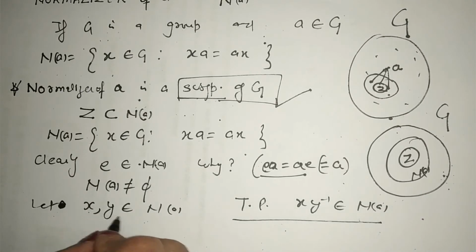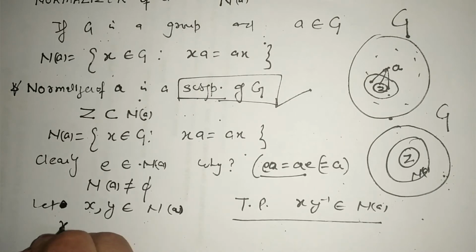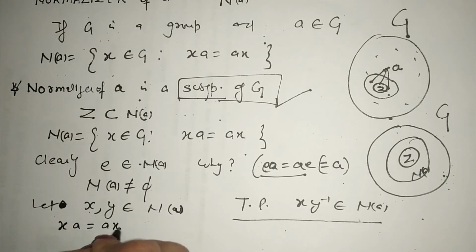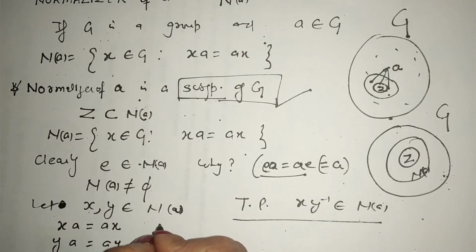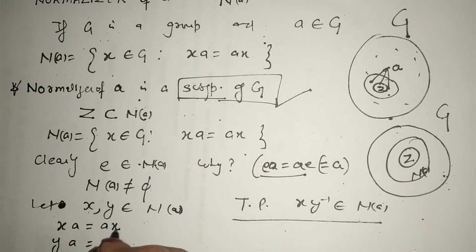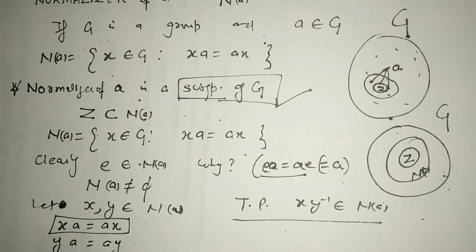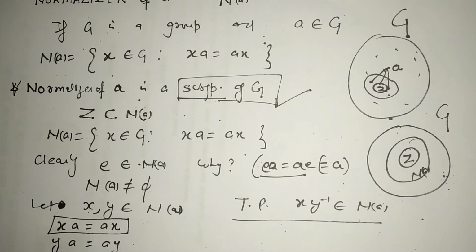So now X and Y are in the normalizer of A. It means X commutes with A and Y commutes with A, because both are the elements of normalizer. They are commuting with A. So we will keep this result as it is. Here again we will do the same thing, that pre-multiply and post-multiply by Y inverse.